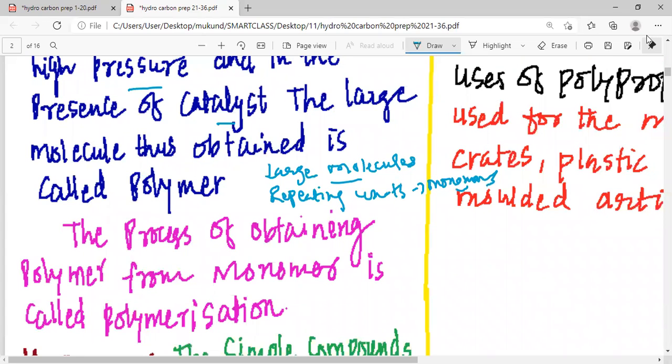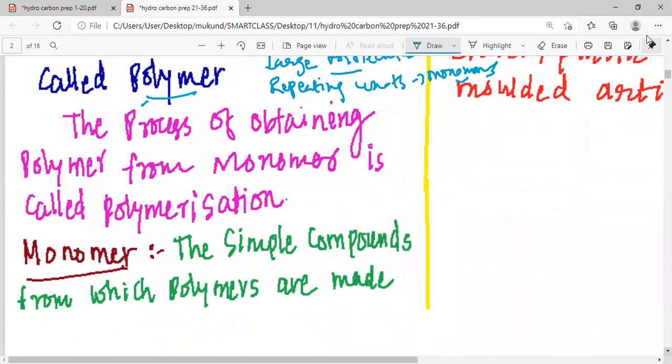So here our ethene is used as a monomer, and by combination of so many ethene molecules, we get a large molecule. This large molecule is obtained in the presence of some catalyst at high pressure and high temperature, and this is known as polythene. This polythene is a polymer.